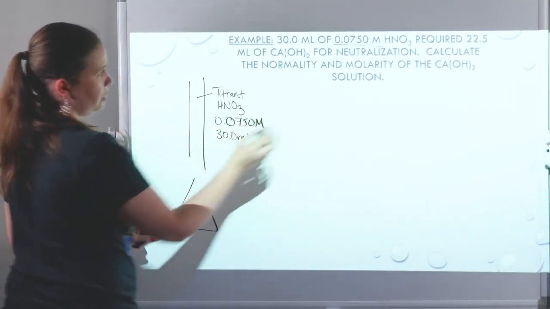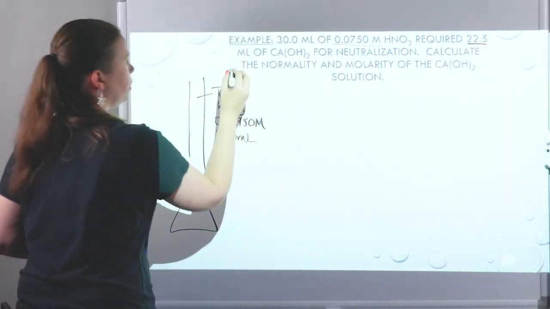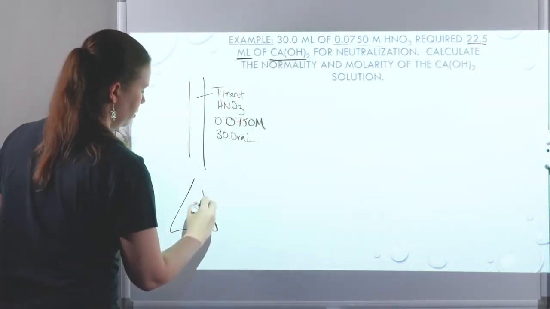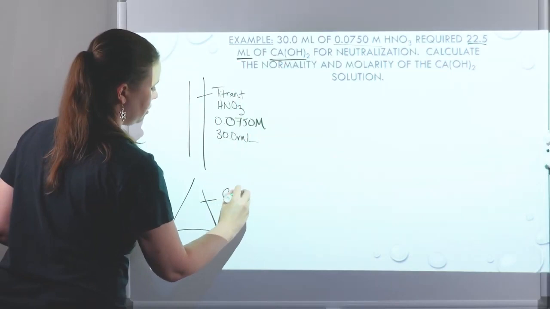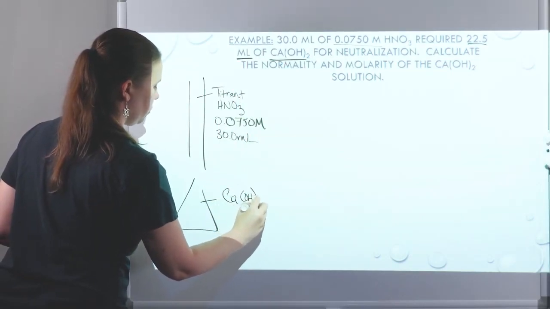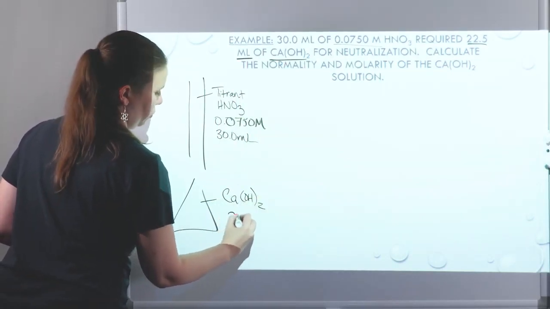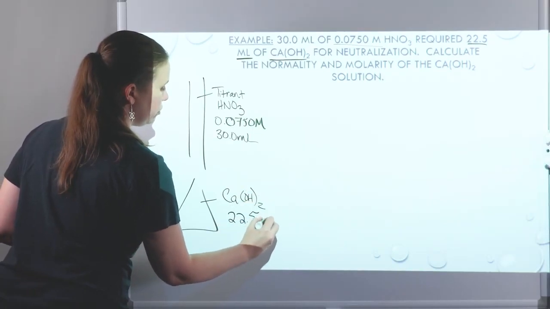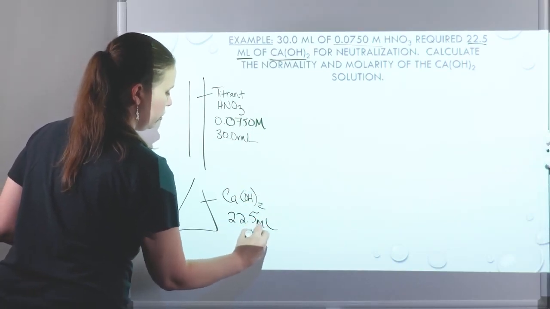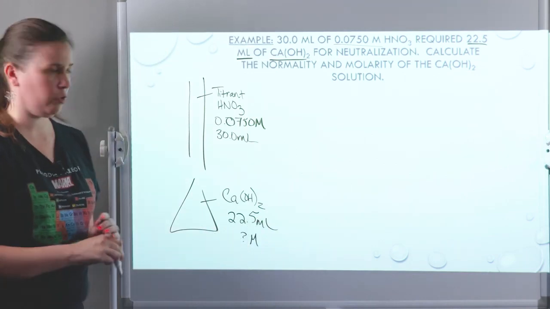The other thing that I have is what I'm trying to standardize, so in the flask, this calcium hydroxide. And I measured a volume of 22.5 milliliters of it, but I don't know the molarity. That is the question, right?